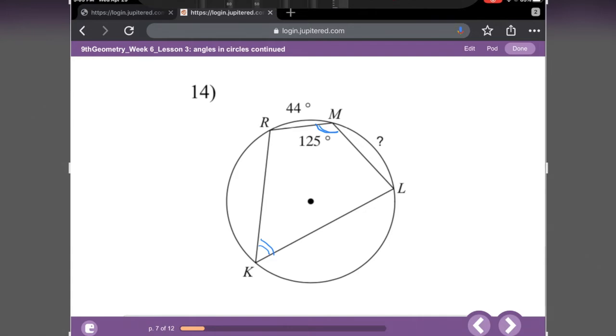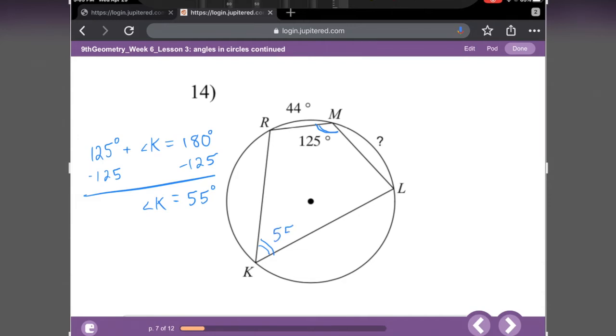To figure out what angle K is, I know that 125 degrees plus angle K is equal to 180. Subtracting 125 from both sides, angle K is going to be equal to 55 degrees. That's not the answer to the question mark part of the arc right here. We'll have to do a couple more steps in order to figure it out.